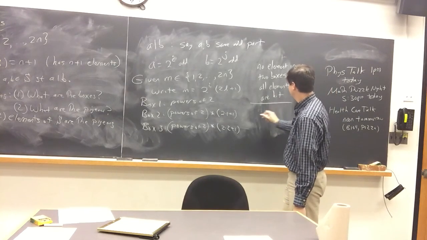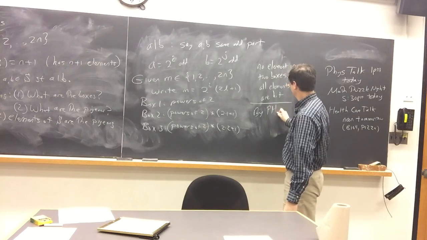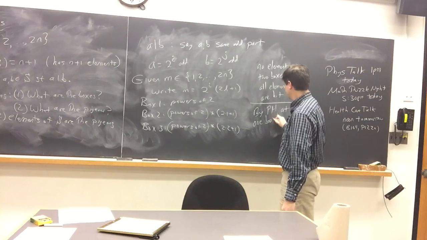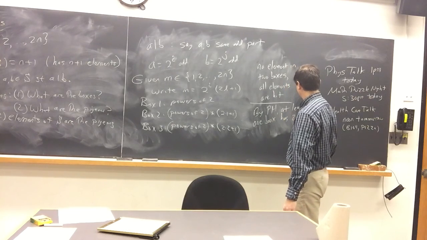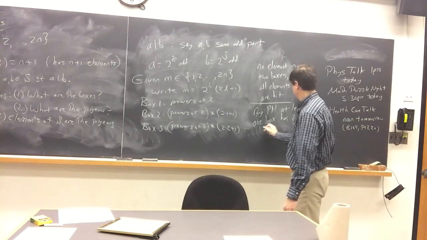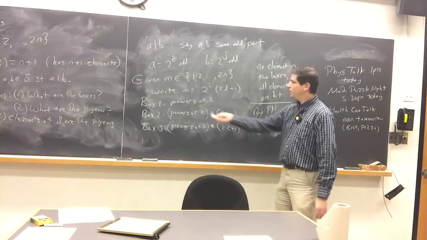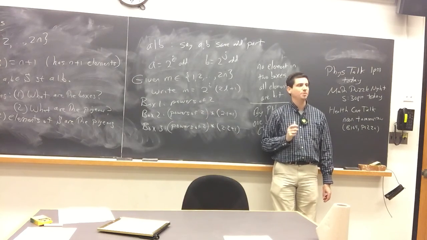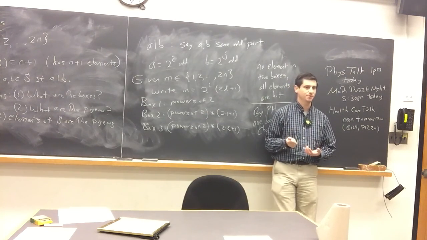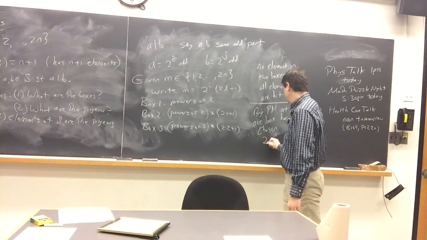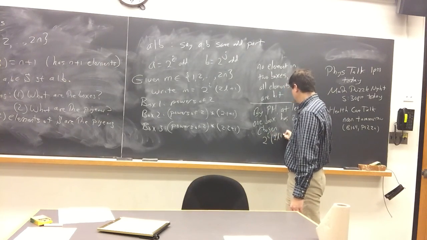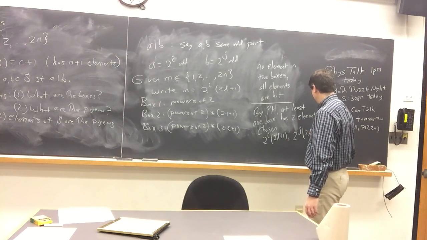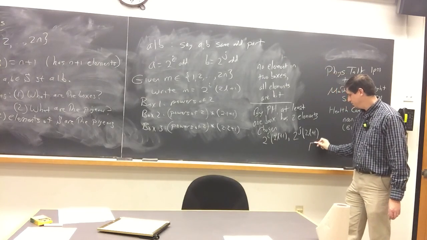So by Pigeonhole, at least one box has 2 elements chosen. And now that we have 2 elements chosen, they both have the same odd part, and one of them is going to have a smaller power of 2 than the other, so you're now going to have your division. So you'll have maybe 2 to the i times (2l plus 1), and 2 to the j times (2l plus 1). And that will finish the proof.